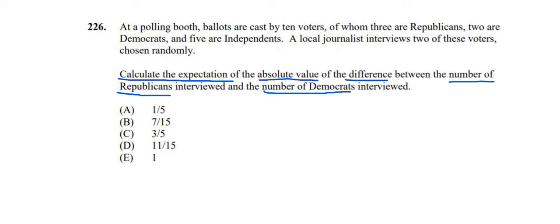We just use this notation: we want to find the expectation of the absolute value of R minus D. Okay, so we just check what the values are for R minus D.